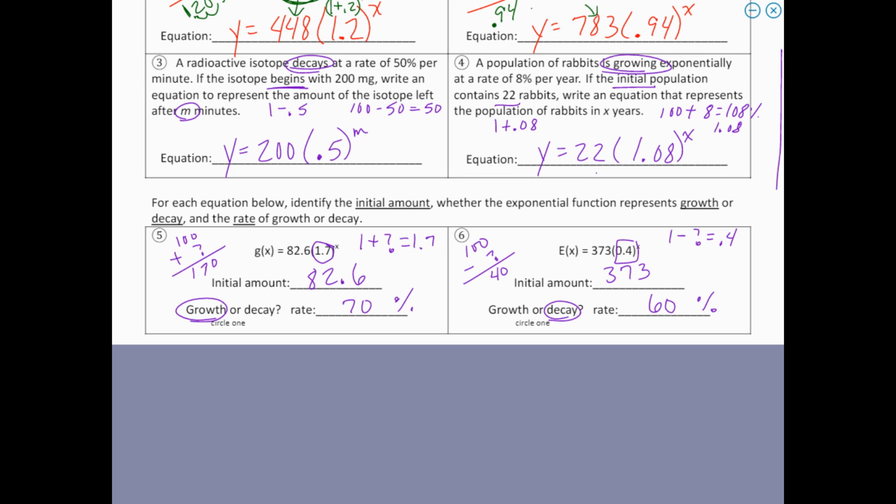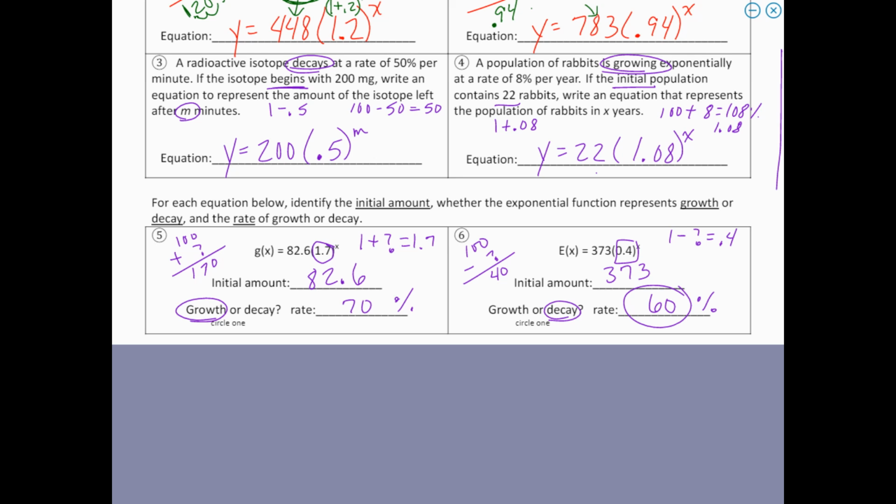So number 5 was easier to see the growth rate, right? Why is this 60 and not 40%? Because you minus 1. You had to minus something from 1 to get the 0.4. That's why it's the 60 or the 0.6.